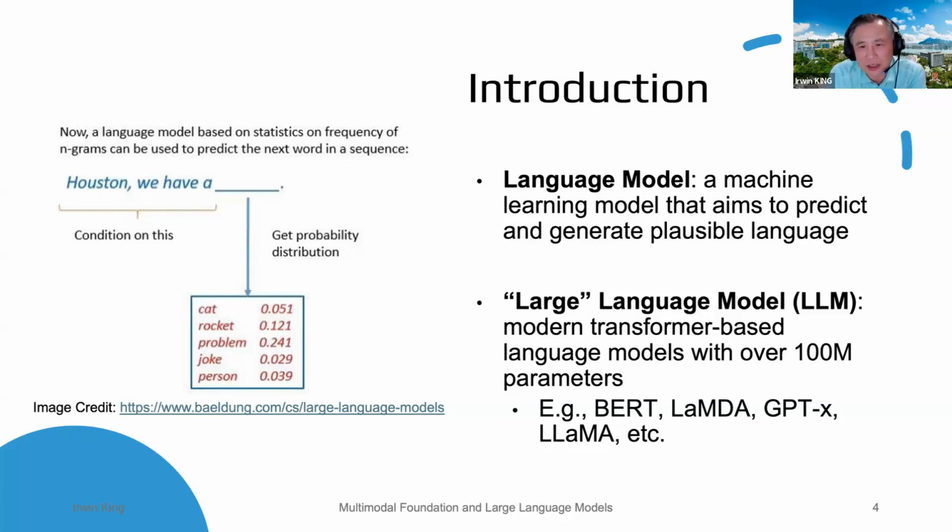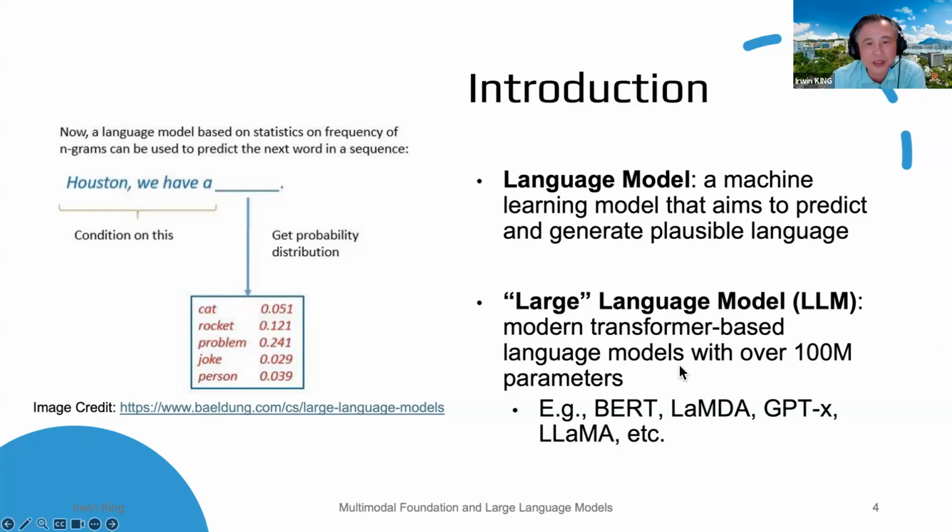A large language model is basically a modern version of the transformer-based language models with well over 100 million parameters. These are things like BERT, LaMDA, GPT, and so on.